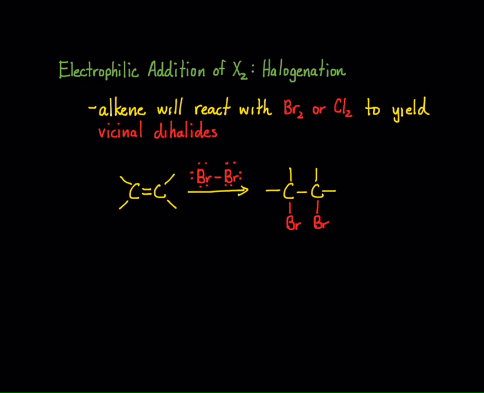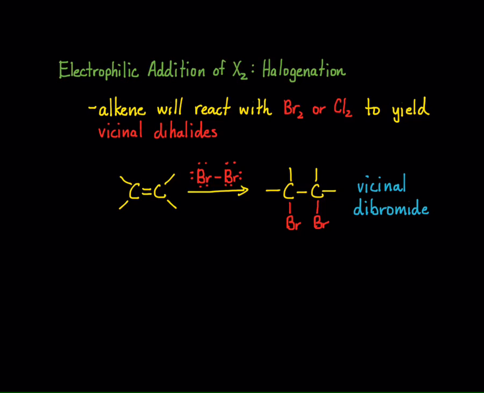So we've seen addition of HX across the double bond, we've seen the addition of HOH across the double bond, and now we're seeing the addition of X2 across the double bond. These types of products are called vicinal dihalides. So this is a vicinal dibromide.